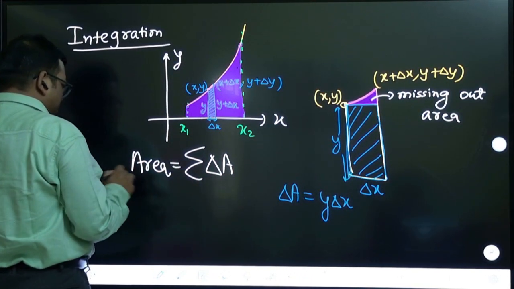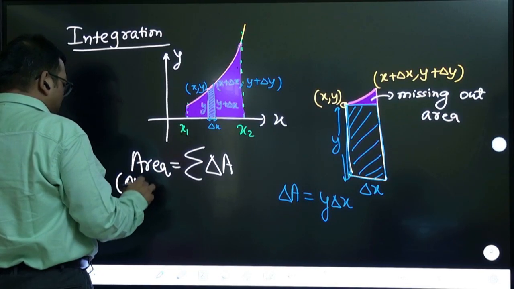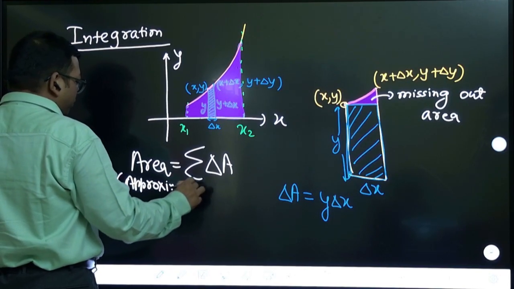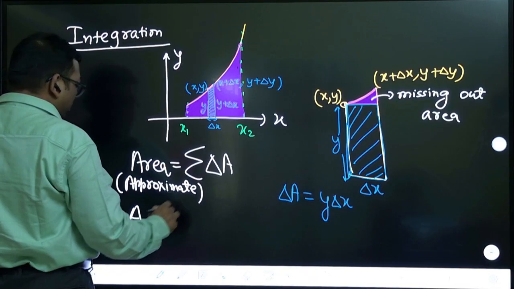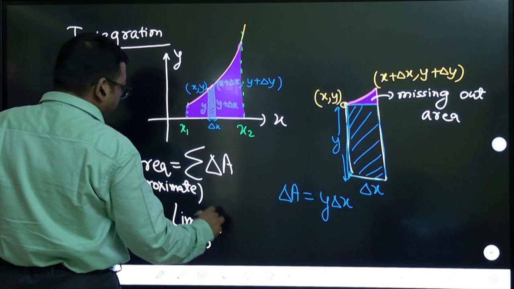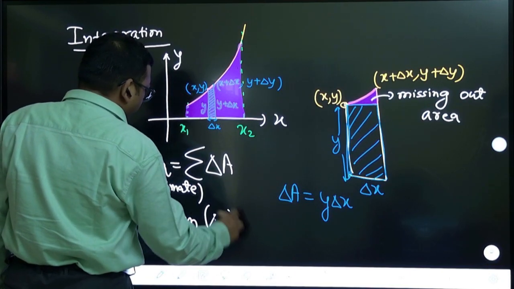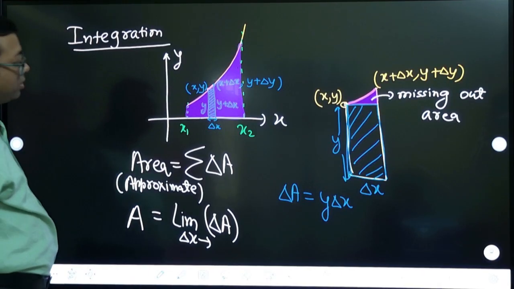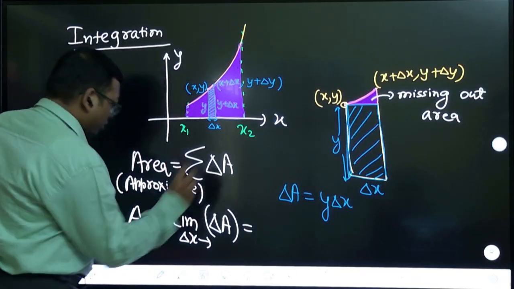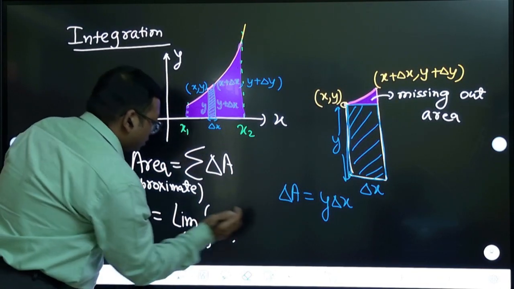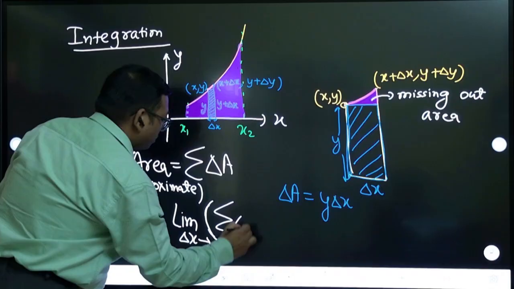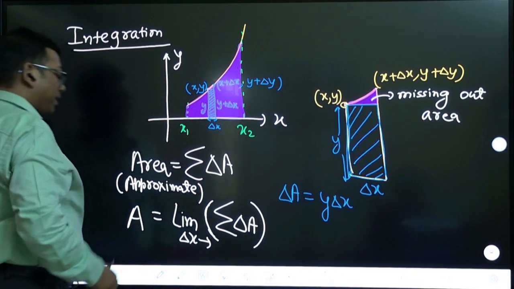This is the approximate area right now, but if you want actual area, you can apply the condition limit delta x tends to 0. This area limit you will apply. Of course it is summation, not just this one. On this summation you are applying limit.